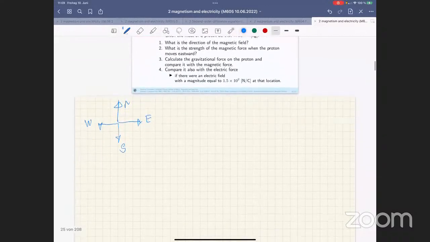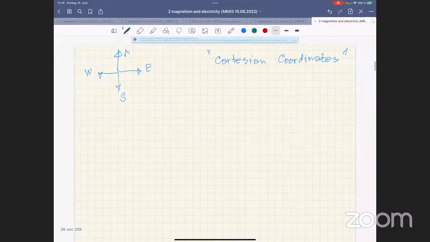Let's talk about the 3D version, Cartesian coordinates. You have here the positive z axis, here the x axis, and here the y axis.